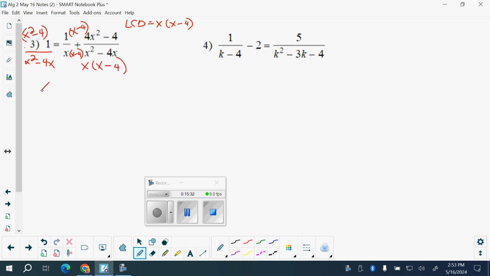And so I get x squared minus 4x equals x minus 4, and so what would I do next? David, do you know what to do next? Yeah, and how do we do that? Multiply both sides by? What's our denominator? Yeah, so that's what we want to multiply by, both sides. Good.